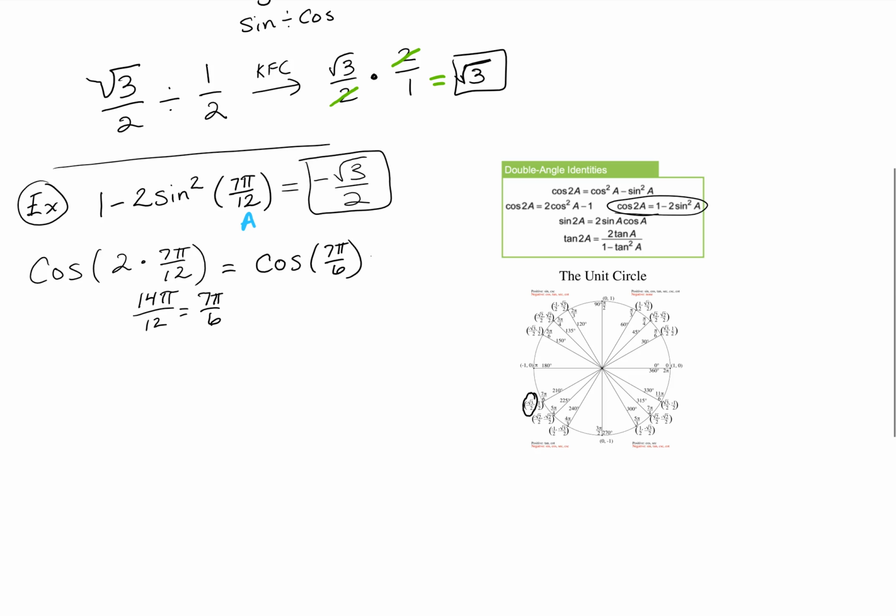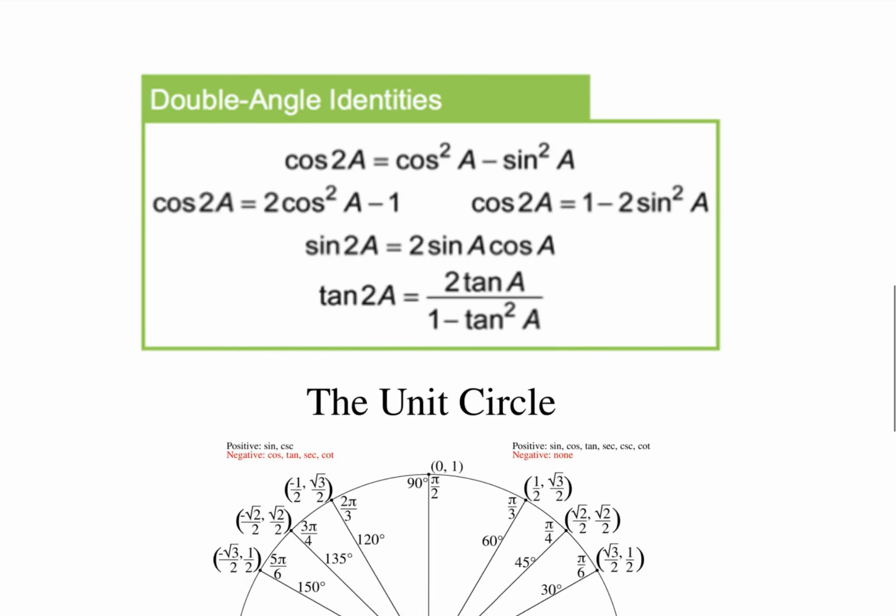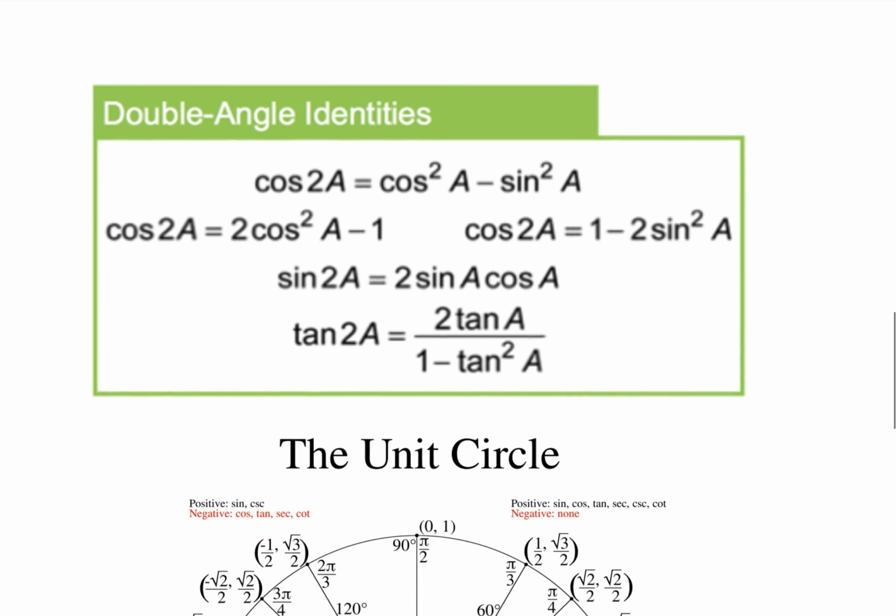Okay, so again, these are the double angle identities that we took a look at, and I'm going to show them once more on the screen. This is a pre-calculus topic, but you get into calculus and there are different things that you want to do, and a lot of these come up. I guarantee they will come up.